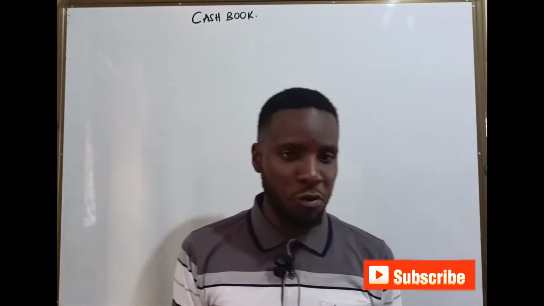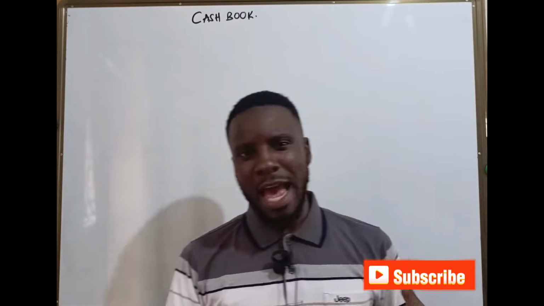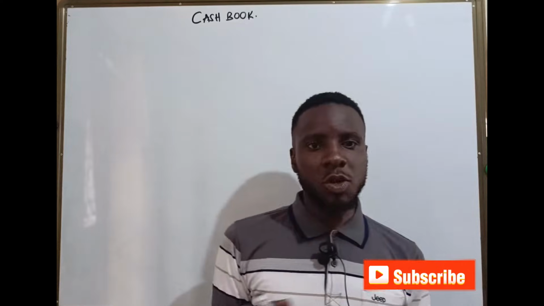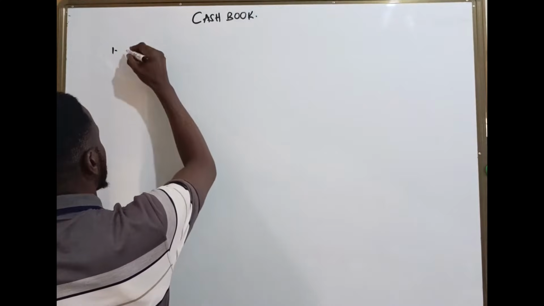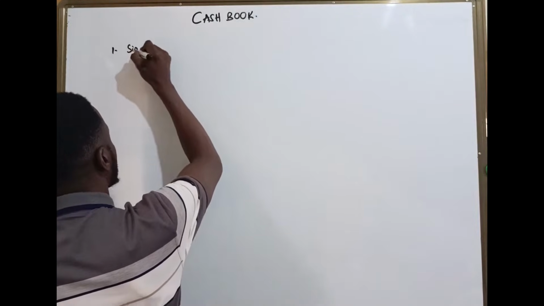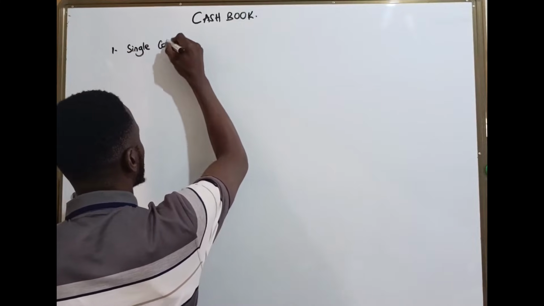So when we talk about the cash book, it basically talks about payments and receipts of cash. We have close to 3 kinds of cash books. One, we have what we call the single column cash book.